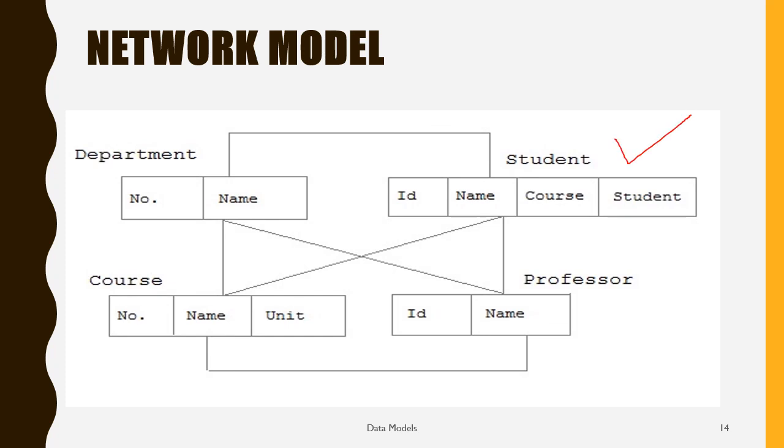So a particular node or entity, student, can be accessed in multiple ways, either from department, or from course, or from professor. And even the entity professor is related in many ways. They are related to department, they are related to student, and they are related to course. So thus many-to-many relationships are easily established using this network model.